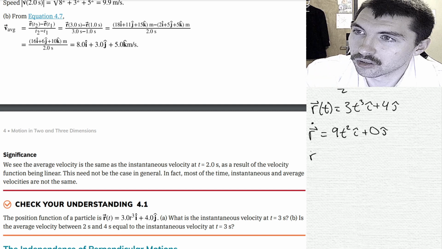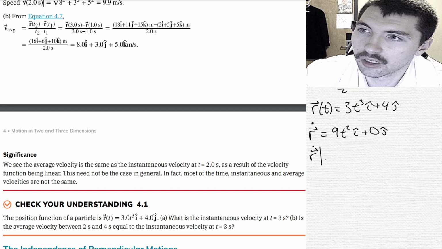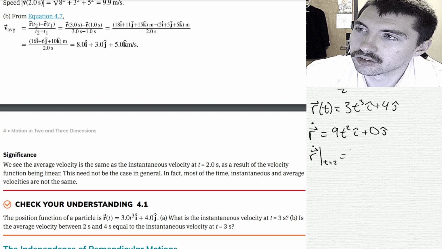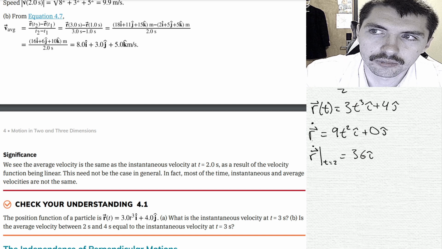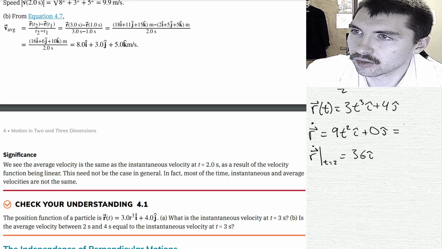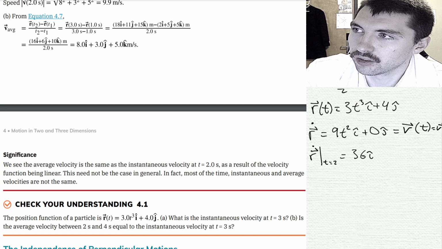They want r at t is 2, which would be 4 times 9, 36. And this is another way of saying V of t.